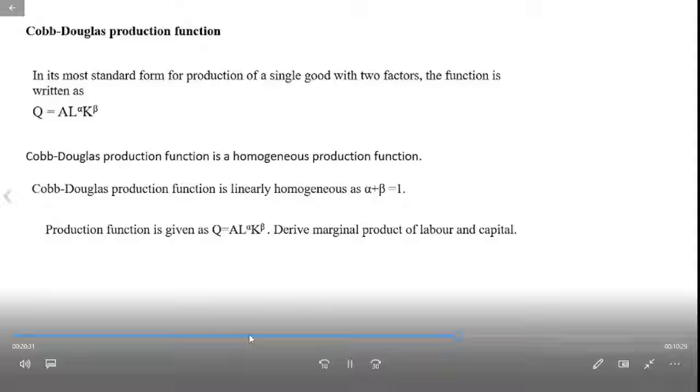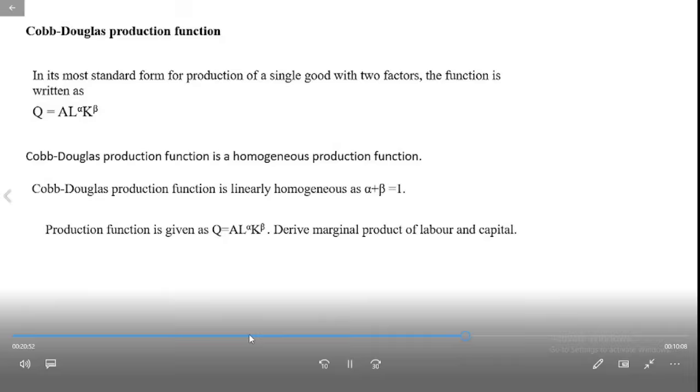So if the value of alpha is 0.45, that shows that when we are increasing labor by 1%, keeping capital constant, there will be a 0.45% increase in output. That is the meaning of alpha.